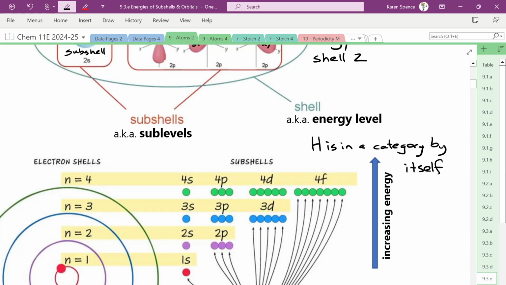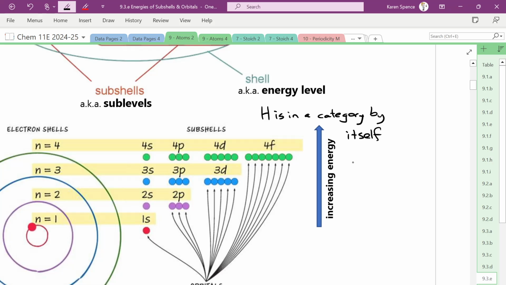Because it is the only single electron atom. If you only have 1 electron, will that electron ever experience electron-electron repulsion? No, because it cannot repel itself. That makes no sense, yes?